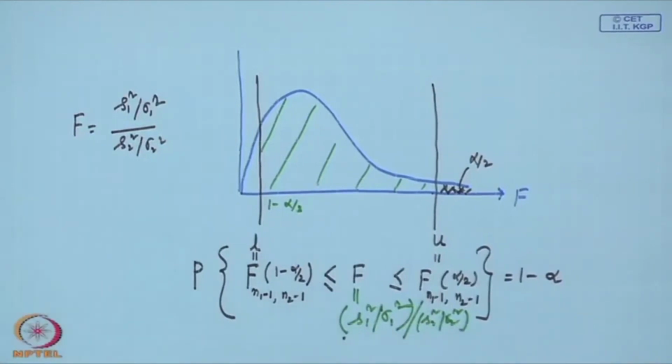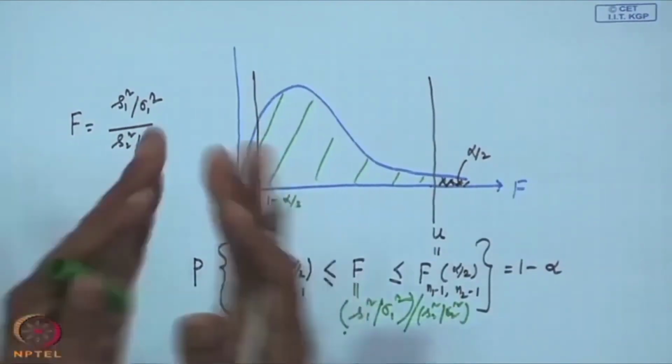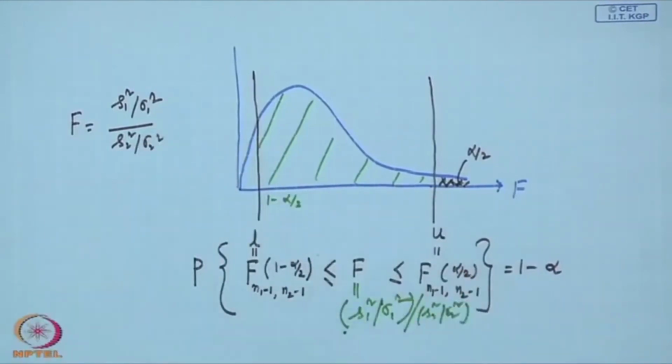What you want ultimately is an expression where in the middle portion there will be sigma 1 square by sigma 2 square, then set the left and right hand sides. Can you derive now? Take 2 minutes and derive.